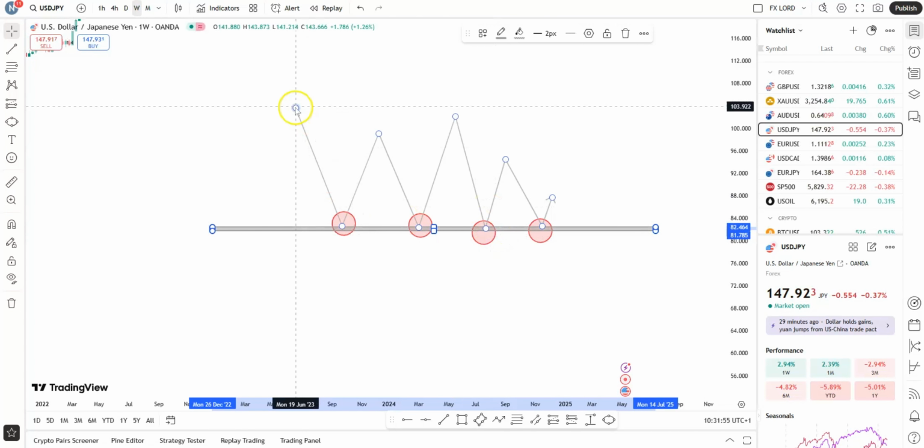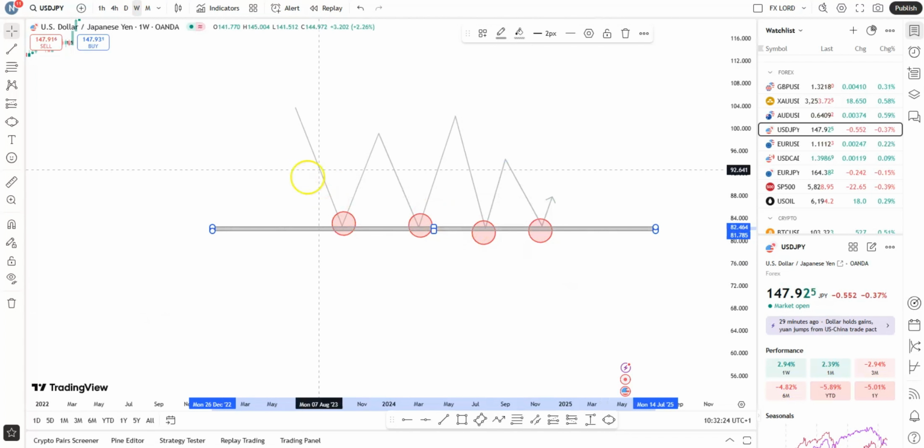They just wait. Once the market comes into the support level, they buy and the market goes back up. Once it comes back to the support level, they buy again. This is how you trade the support level.